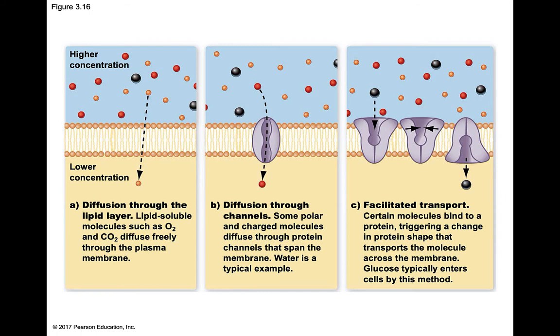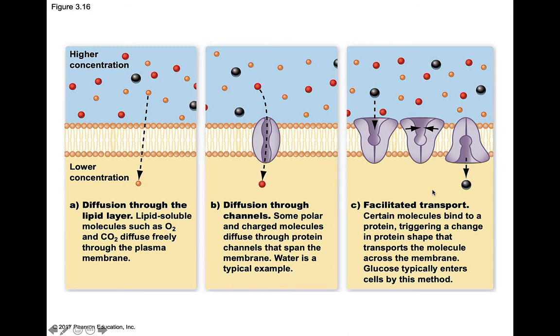But here, glucose is a polar molecule. It can't move or diffuse through the cell membrane because it's not lipid soluble. So embedded within the cell membrane, I have these glucose transport molecules. It's still going down its gradient. Imagine a kind of revolving door: the door opens and then opens on the other side, and based on the gradient, because there's little to no glucose here, that glucose moves in passively.